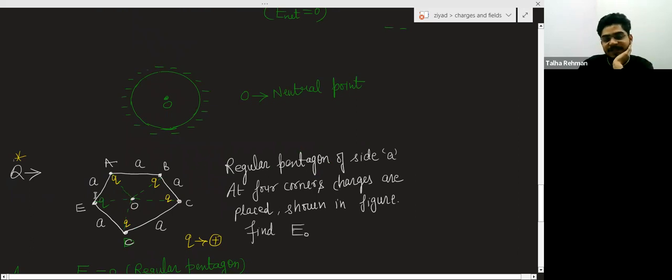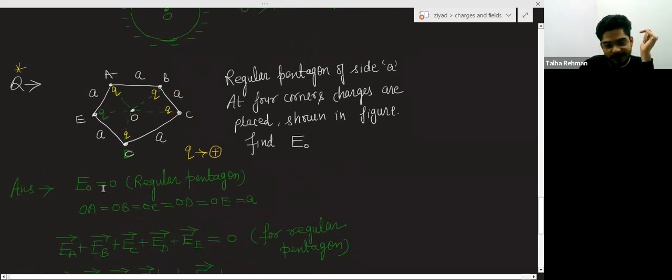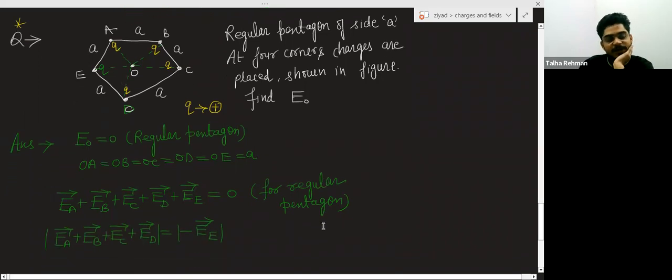Let's suppose you have placed a plus q charge here, so the electric field due to all the charges at point O is 0. That is, the electric field due to charges placed at A, B, C, D, and E is equal to 0 for a regular pentagon.